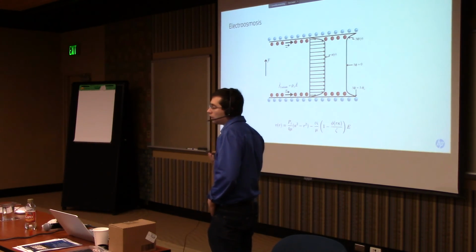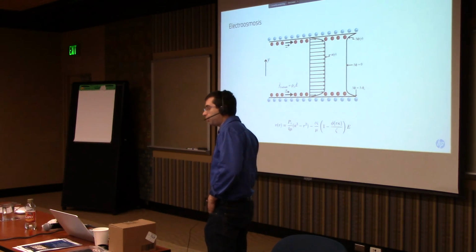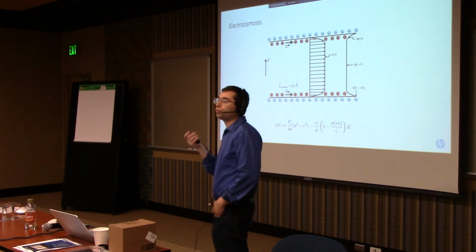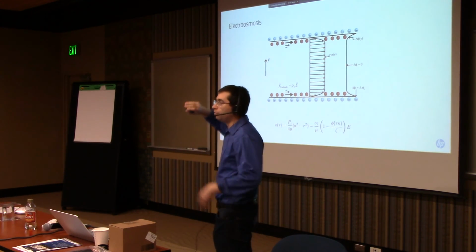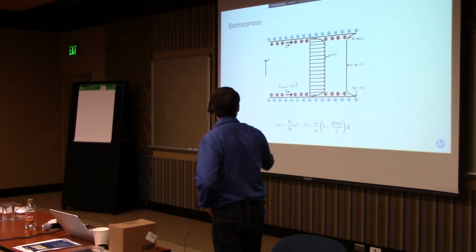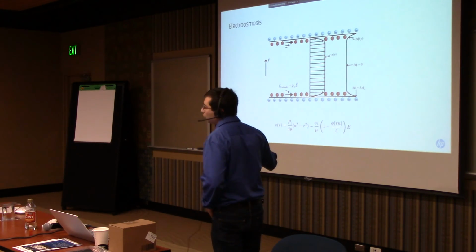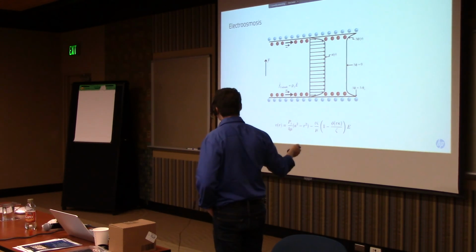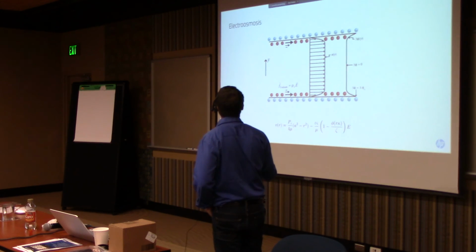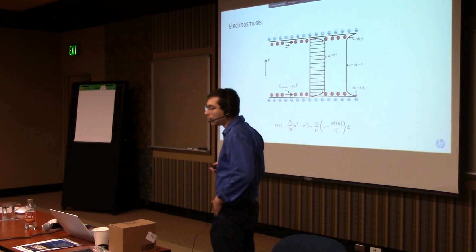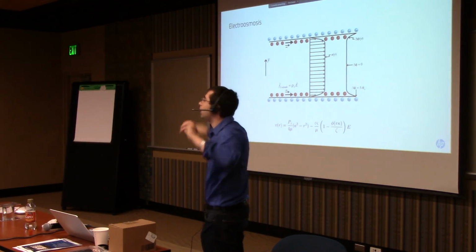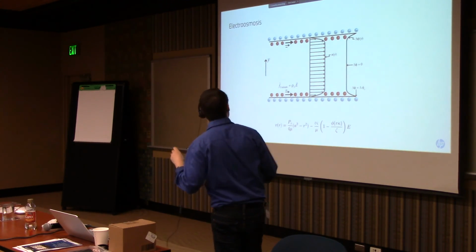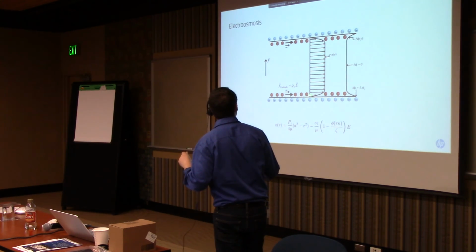And so things that are in the channel experience typically a parabolic velocity profile. If you remember a few slides back, where there was pinched flow fractionation, the bigger particles, if you have a big particle here, it'll experience this high velocity profile and get pulled forward, while the small particles here experience lower velocities and are kind of held back. You'll separate things out in the flow. Here, with this very sharp profile, that doesn't happen.